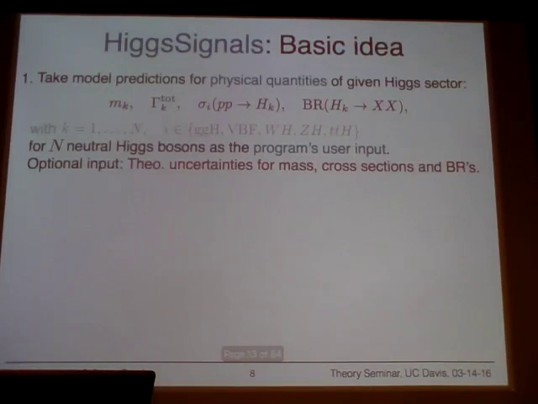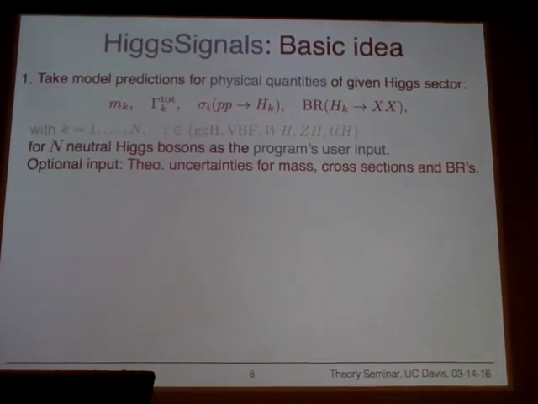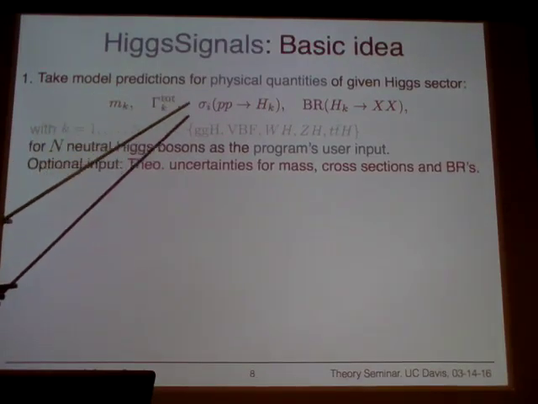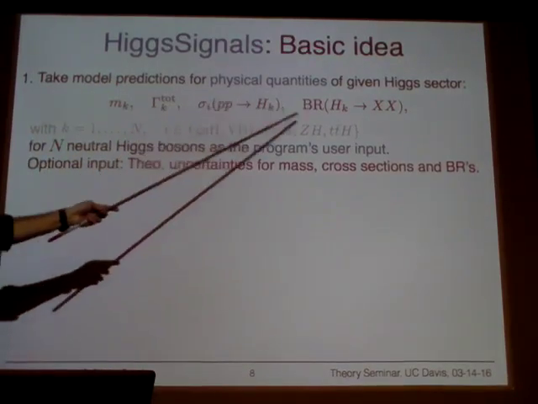All right. So we want to have this as model independent as possible, and that means that the user provides the predictions for physical quantities of the Higgs sector, meaning that for the n neutral Higgs bosons in the theory, he has to provide the masses, total widths, and the cross-sections and branching ratios.